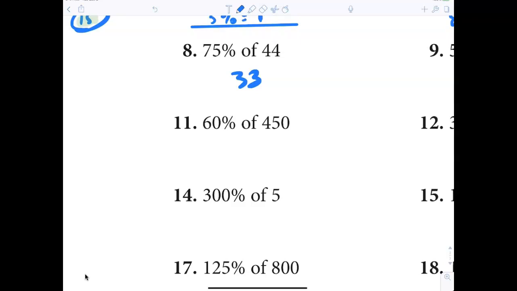I want everyone to know that 75% is the same as 3/4. All right? Jack, Sean. No, I don't care. You're not allowed to talk to anybody. 33. All right, good. Oh, so simple.